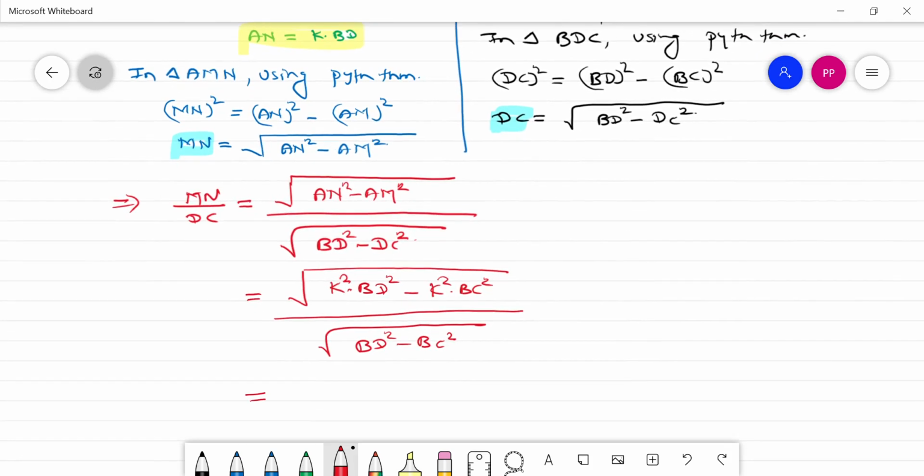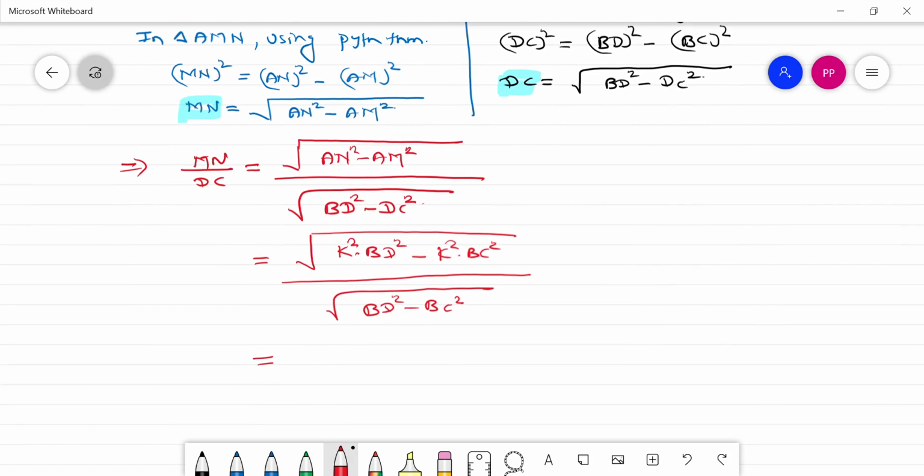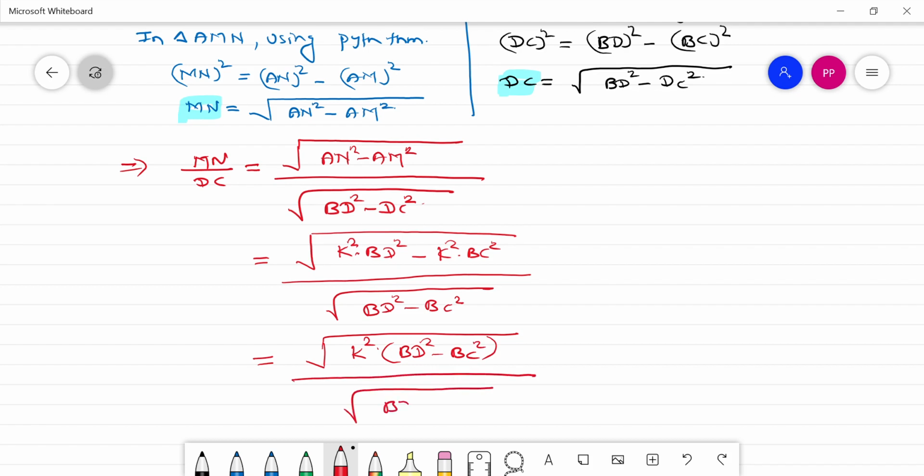Now here numerator and denominator both contain square root sign, so we can write down numerator. In square root sign we can take K square as common, so it becomes BD square minus BC square the whole divided by root of BD square minus BC square.